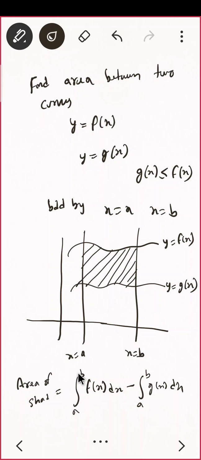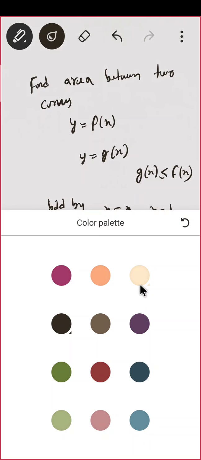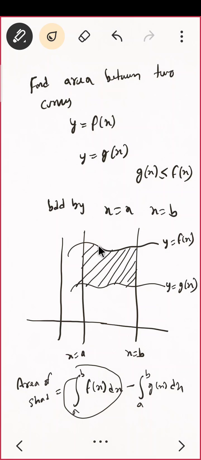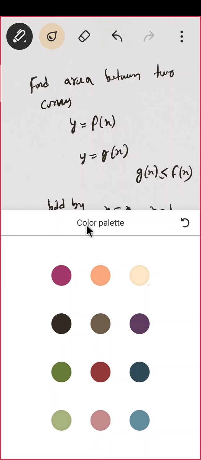First I am finding area under the curve y equal to f of x, correct? So I'll just put some different color. First I am finding area under this curve, that is this whole thing I am finding, correct? Then later on I am just rejecting this part, area under the curve g of x. Do you see that?